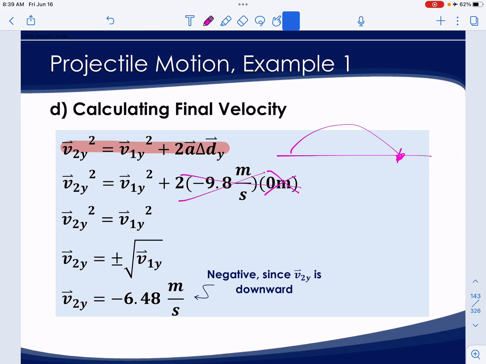And we know, and we kind of know this intuitively, that our final velocity squared is equal to our initial velocity squared. So basically, it's going to be the same as our initial velocity, just in the negative direction.